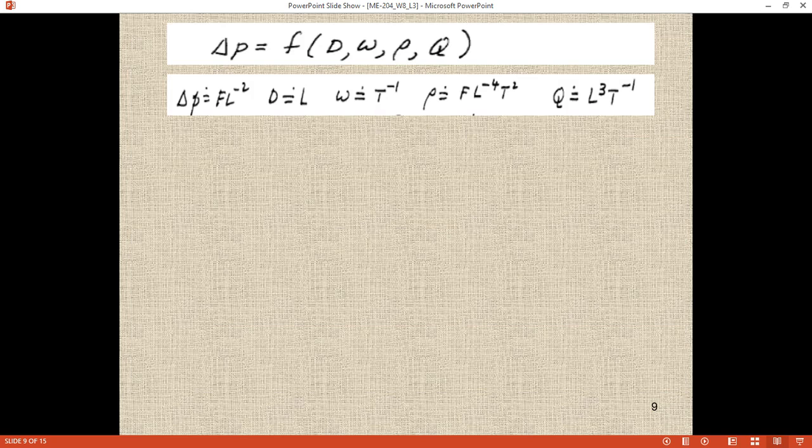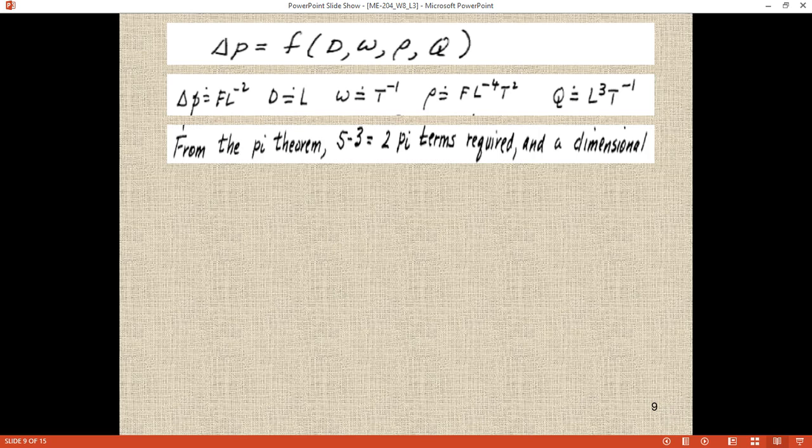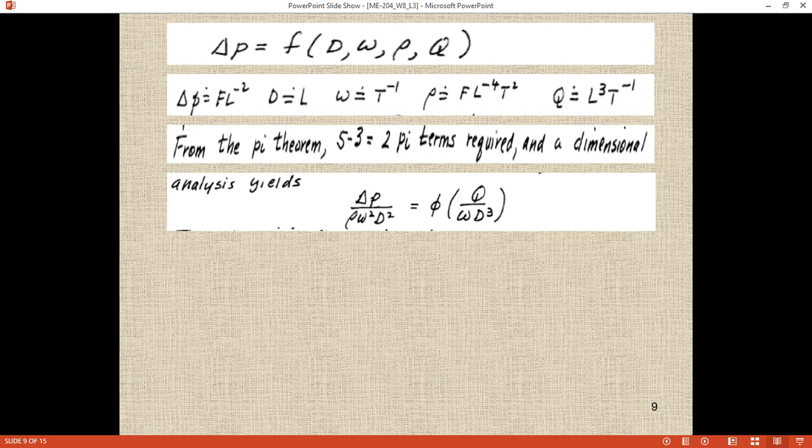Here the total number of variables is given, so we converted all of the variables into their basic dimensions. The total number of pi terms needed is 2. After solving that, we got these 2 pi terms for the prototype. So this is the delta P of the prototype, and this is the volume flow rate.